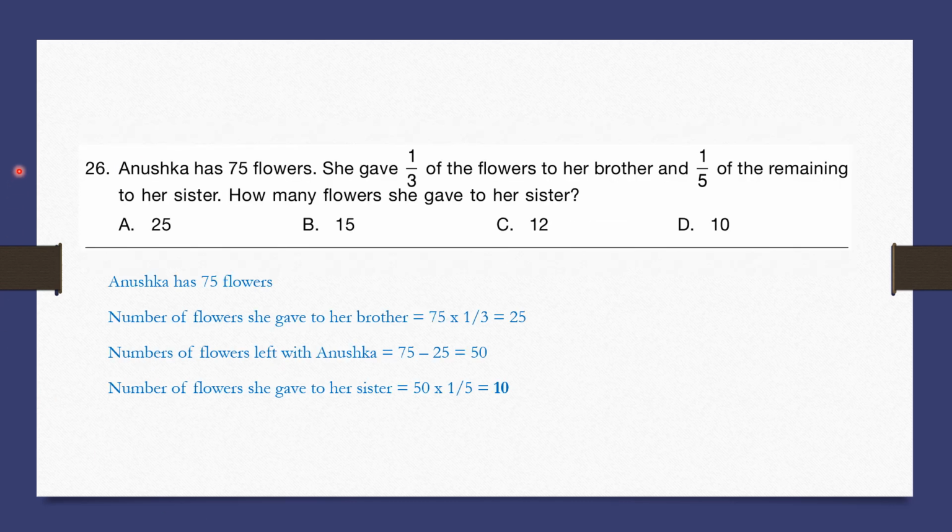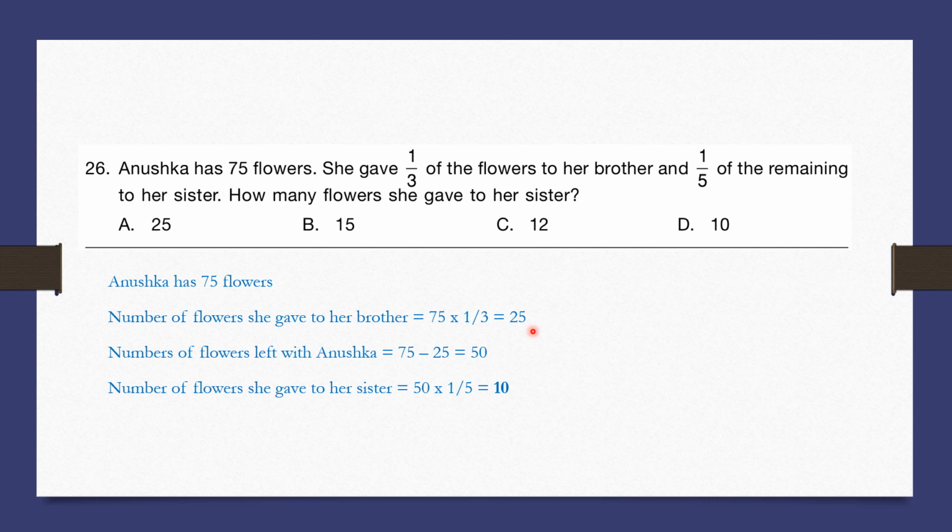Question number 26. Anushka has 75 flowers. She gave 1/3 of the flowers to her brother and 1/5 of the remaining to her sister. How many flowers did she give to her sister? So she gave 1/3 of the flowers to her brother: 75 times 1/3 equals 25.